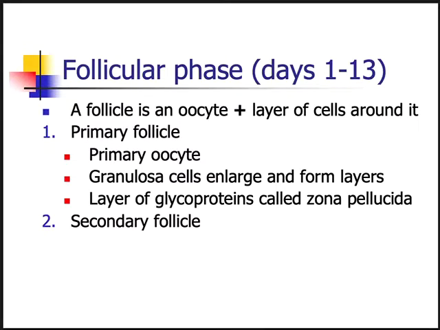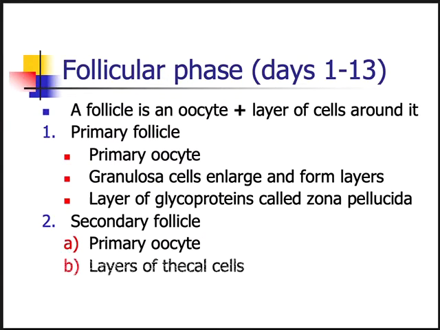Then as it matures more, it's called a secondary follicle. So you still have your primary oocyte, but now all the tissues around it have developed more, and you develop this extra tissue called thecal cells. And this, we'll see in a video, has like 2 types of layers. As we'll see later on, each of these layers plays a very important role with hormone regulation and fertilization, even, right?